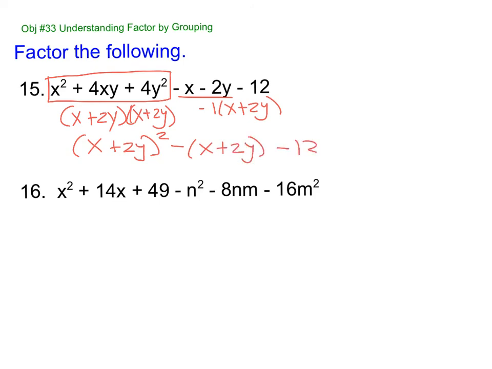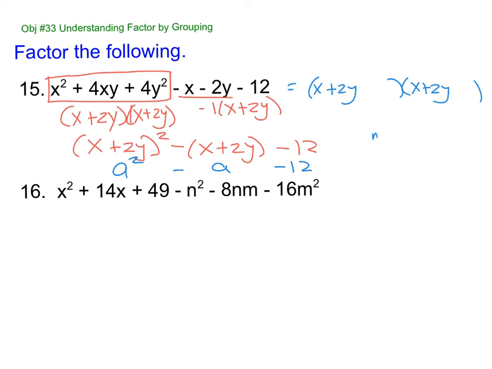So now that just turned into an MC chart, right? This is my a squared minus a minus 12. A squared minus a minus 12 is a regular MC chart. What multiplies to negative 12 and combines to negative 1? So we get a and a, but instead of an a, x plus 2y, x plus 2y.